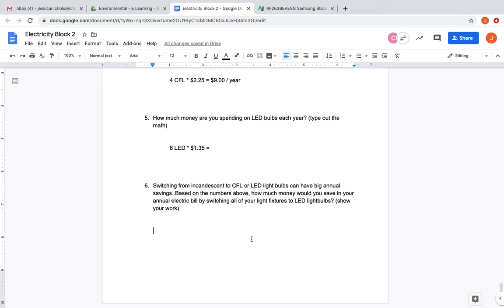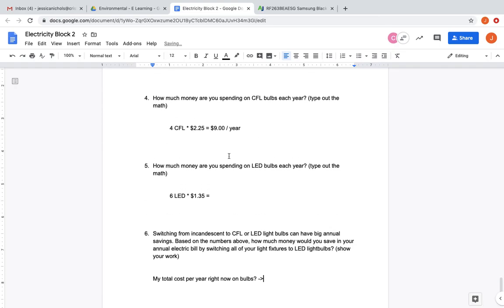The first hint is that basically you need to figure out what is my total cost per year right now on bulbs? How do I find that? I'm just going to add up these three numbers.